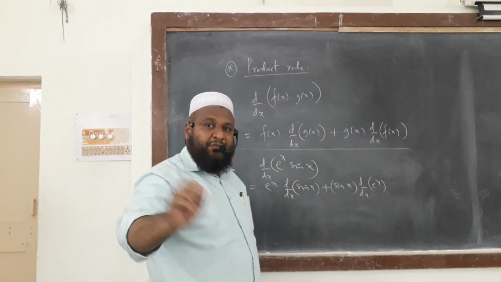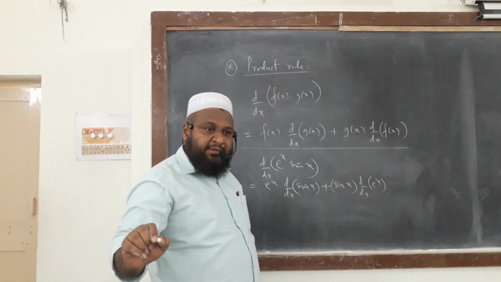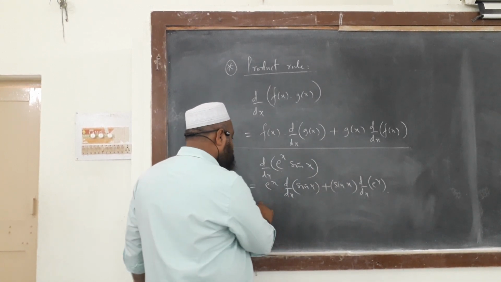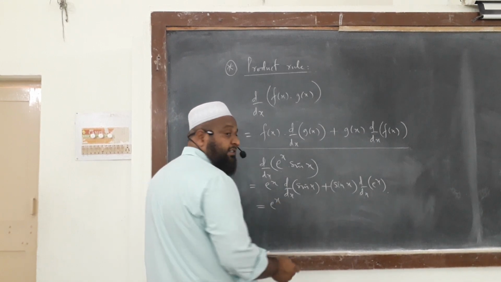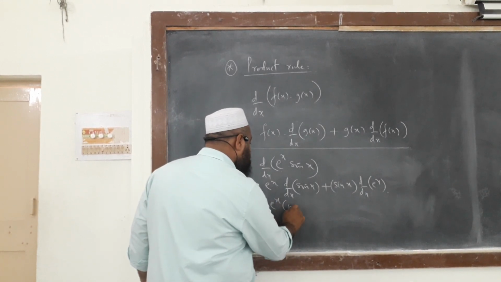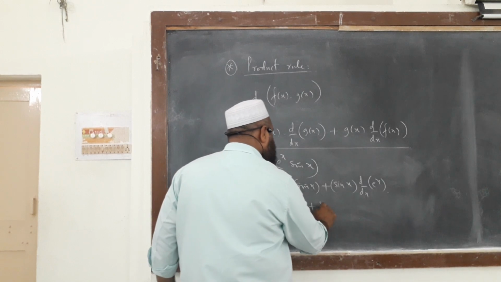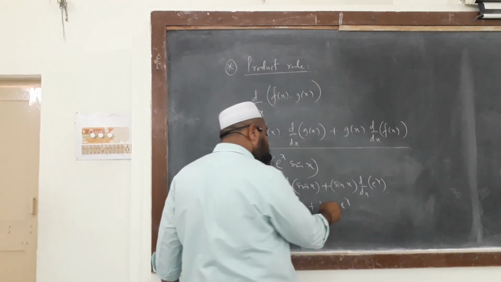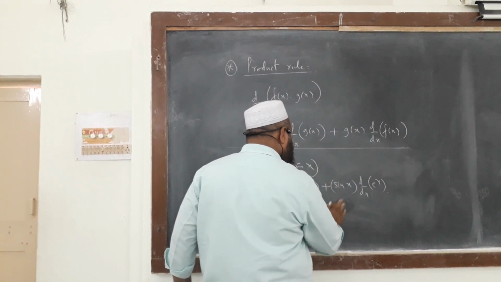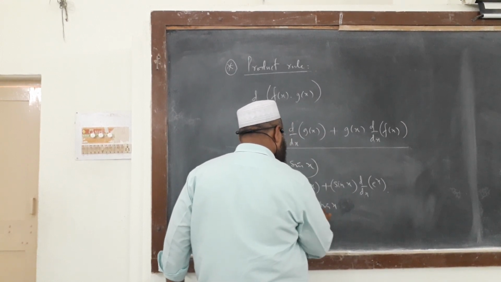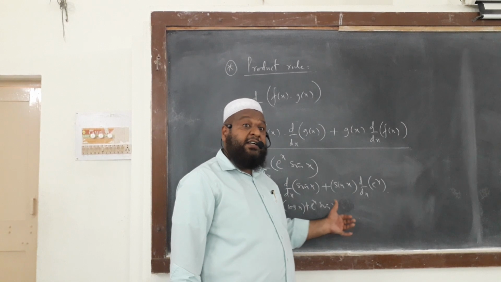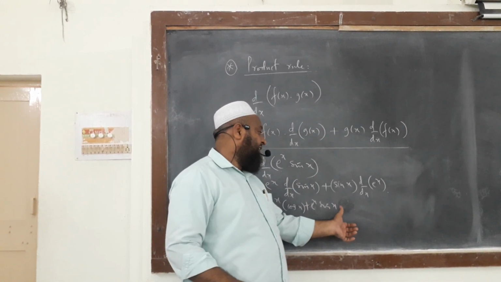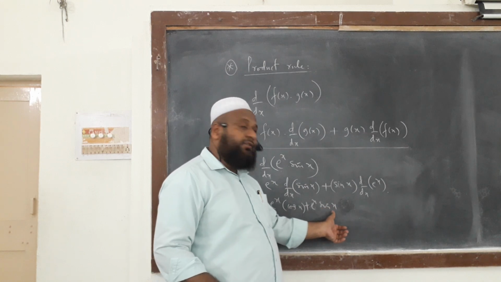Later, once you are okay with these concepts, you need not write this step; you can directly write the next step. What is this now? e to the power of x into cos x plus sin x into e to the power of x. But it is better to write this as e power x into sin x, because otherwise it may give the feeling that sin is for both x and e power x. So avoid writing that way, write e power x into sin x.